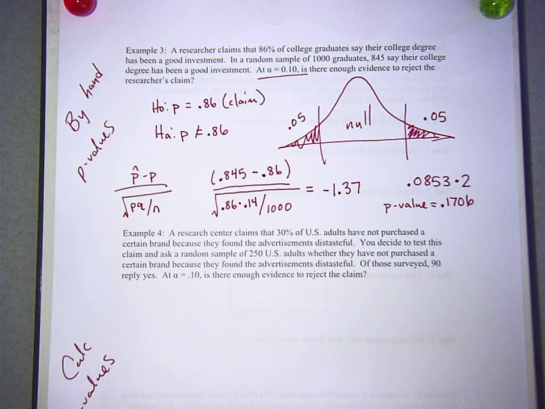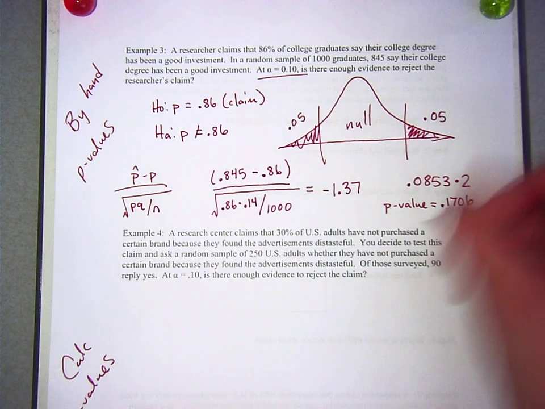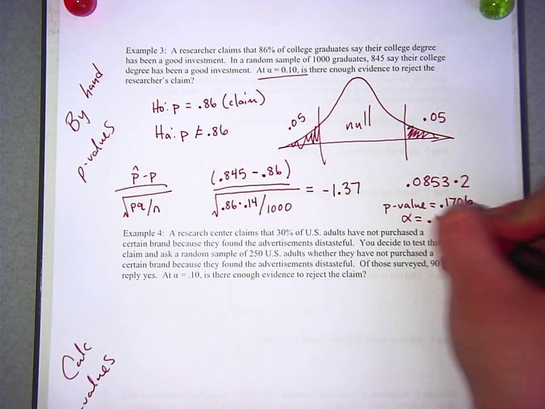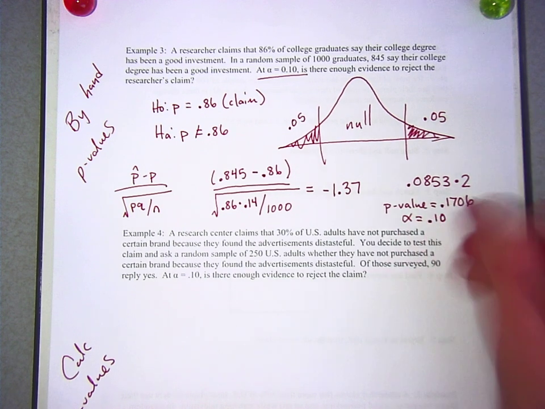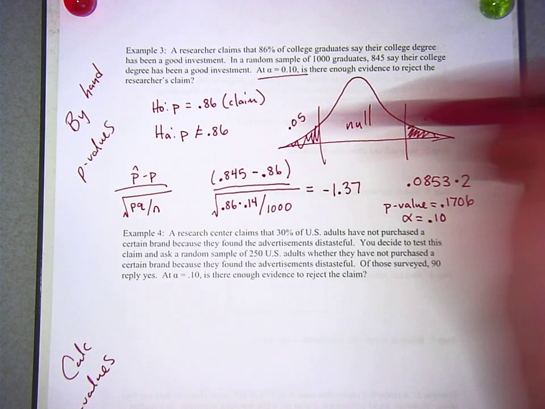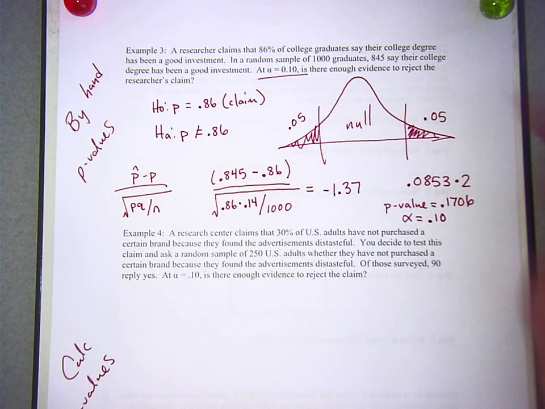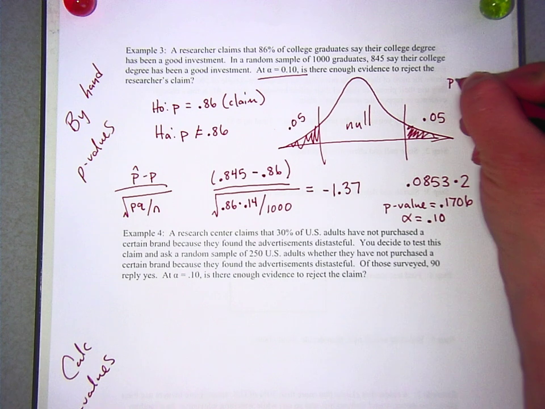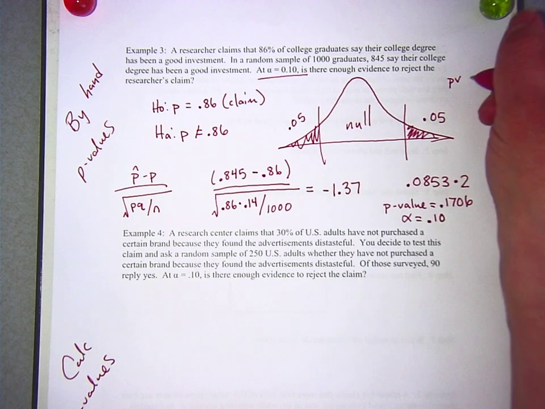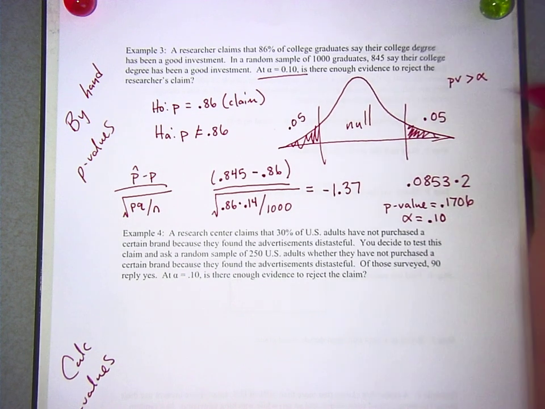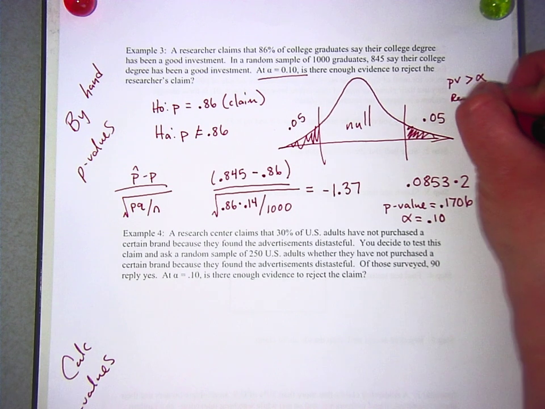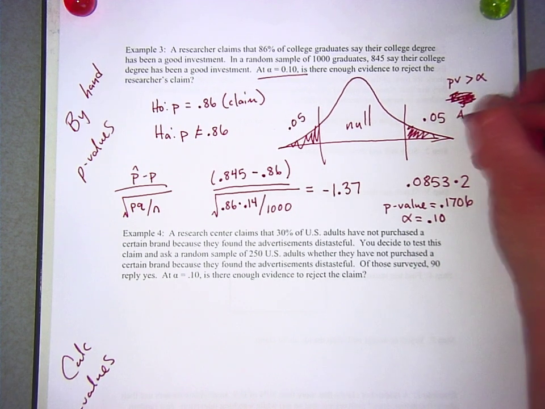So since our p-value, remember, alpha was 0.10, and if it was smaller than alpha, it would be in these rejection regions. But it's not. It's bigger than alpha. So because the p-value, I'm going to call it PV, is larger than alpha, that means that I'm going to reject, or sorry, accept the null.